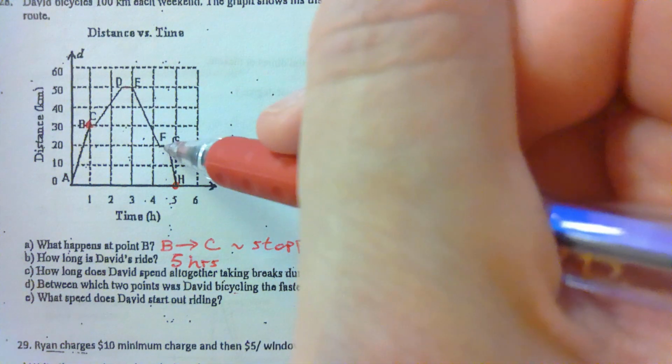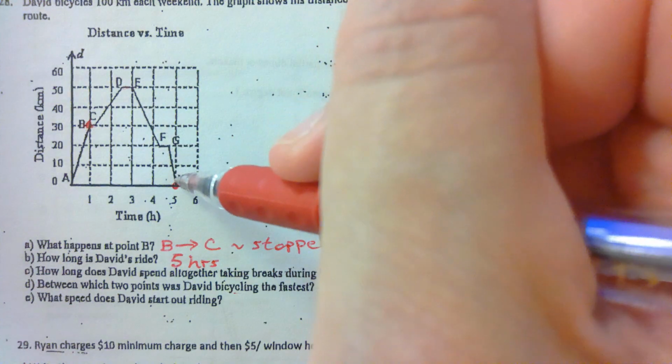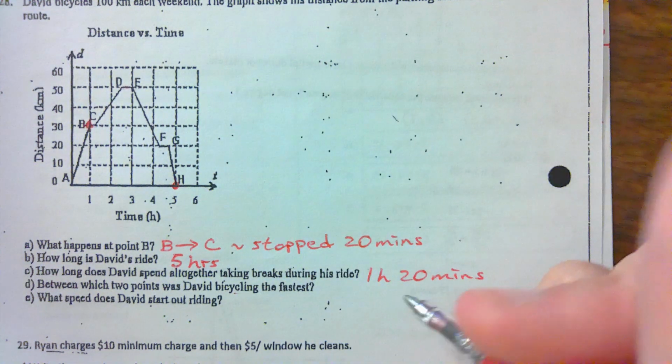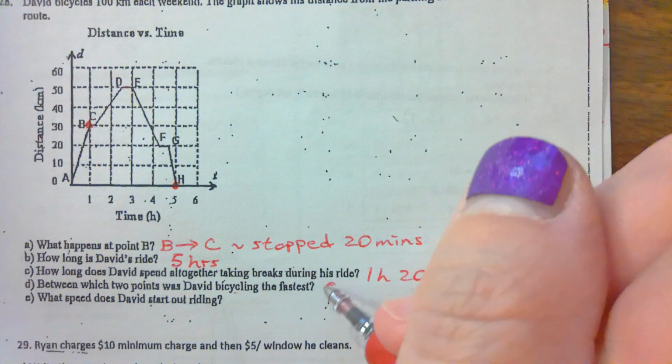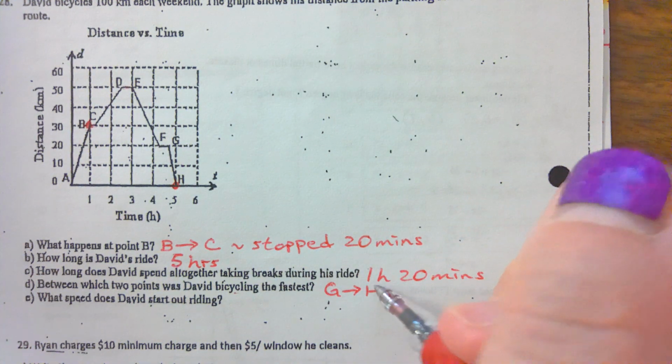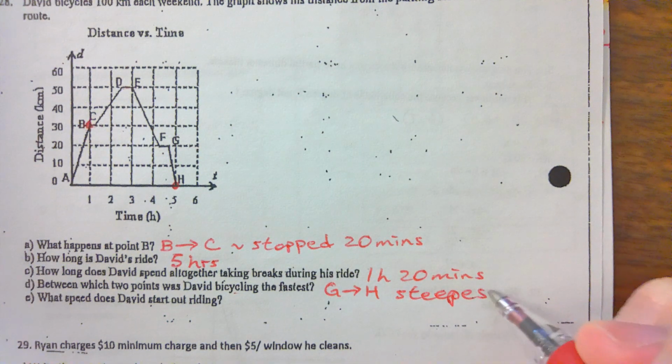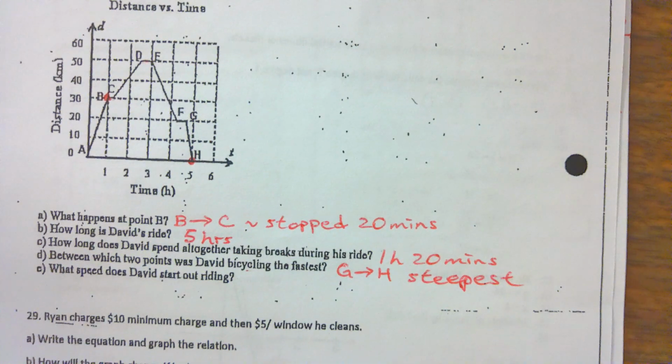This is steep too, but it took 30 kilometers in 1 hour. This looks like it's 20 kilometers in about 20 minutes. So G to H because the line was the steepest. The steeper the line, the faster you're going.